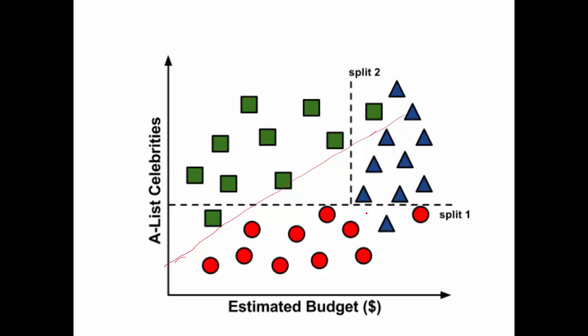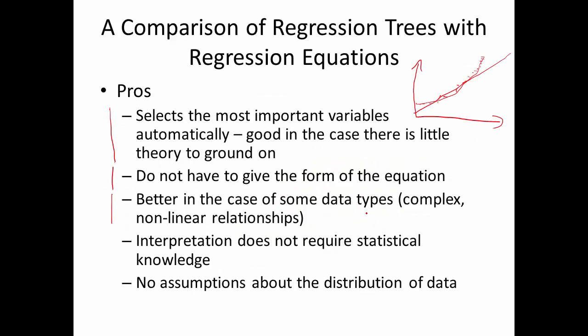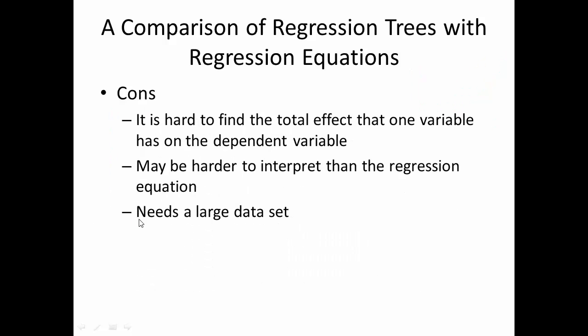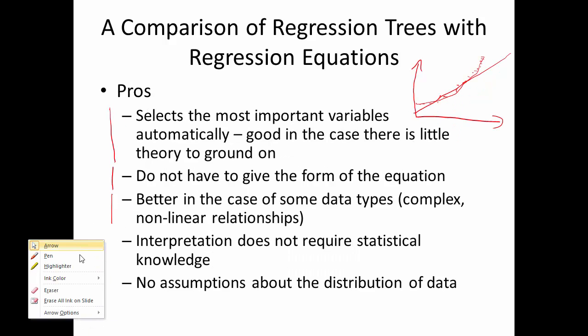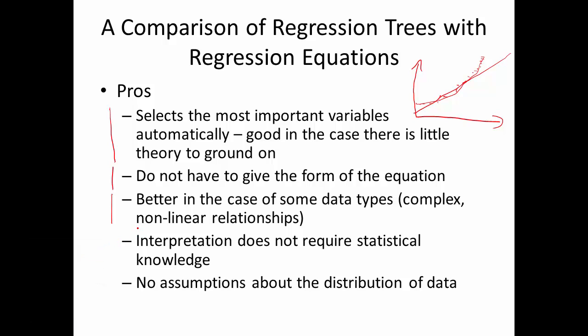Of course, there might be some data that's actually better classified or regressed with the linear one, or there are even other methods. So it's always somewhat data dependent which method to use, but decision trees are good in case of some non-linear complex relationships, for instance.